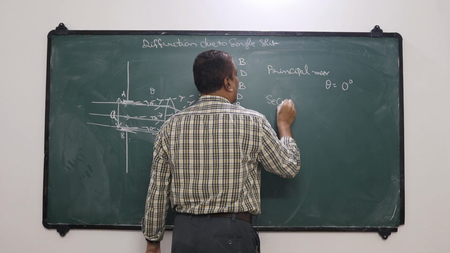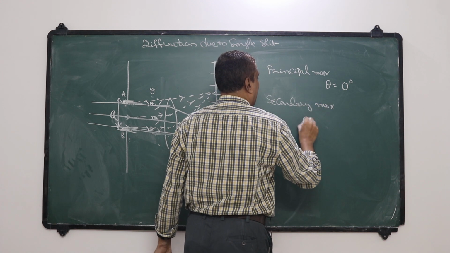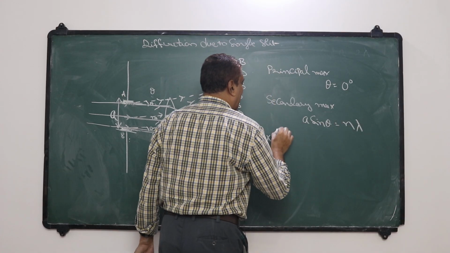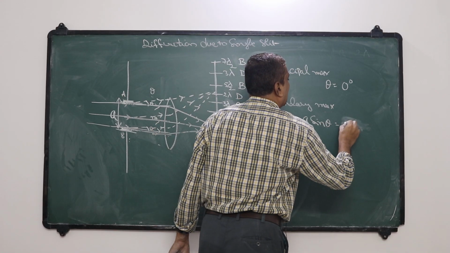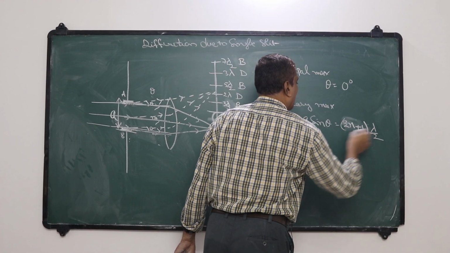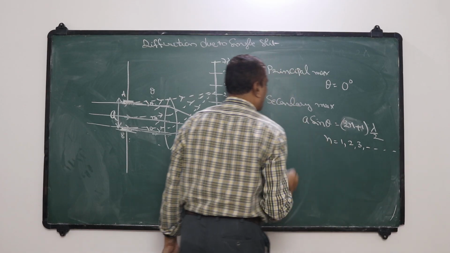For secondary maximum, a sin theta is equal to 2n plus 1 into lambda by 2, where n is equal to 1, 2, 3, etc.